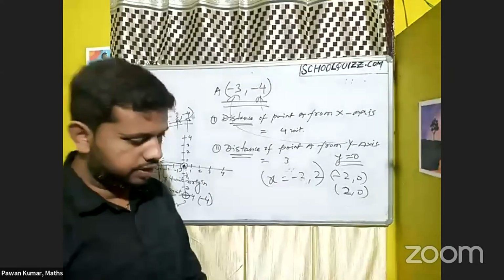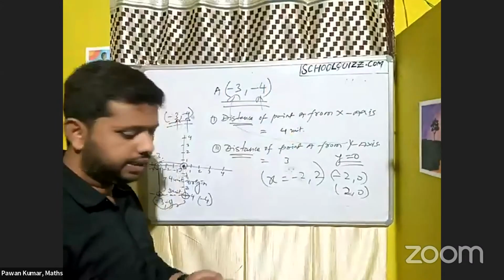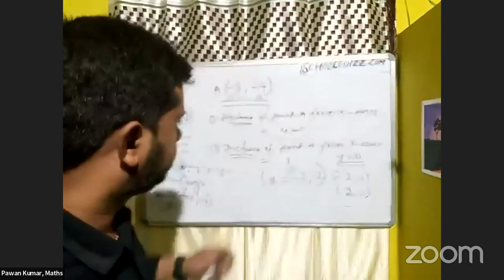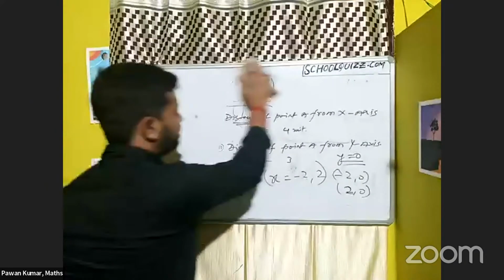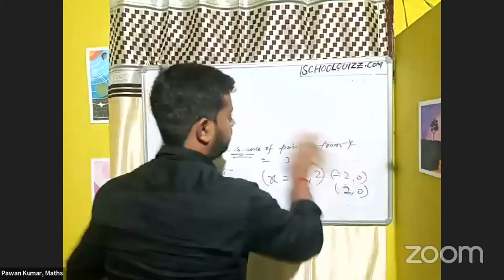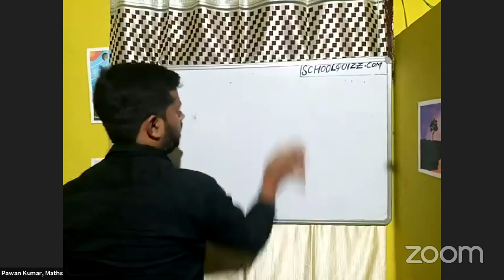Whenever you do this plotting, it is there in 9th class actually, but the introduction part was already mentioned in 8th also. So those who are in 10th, I'll give one question.